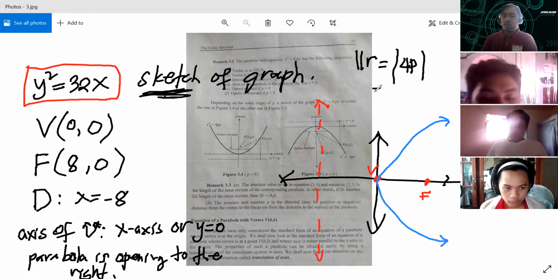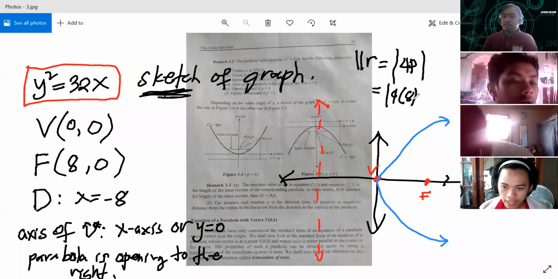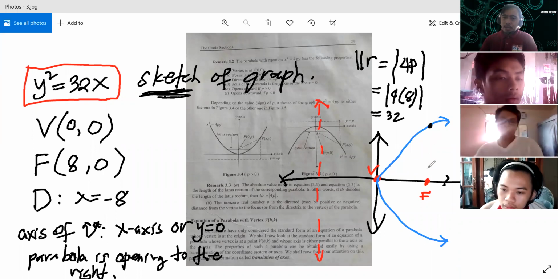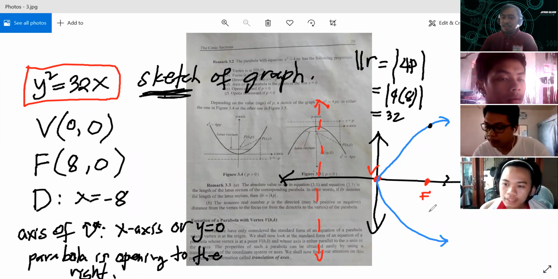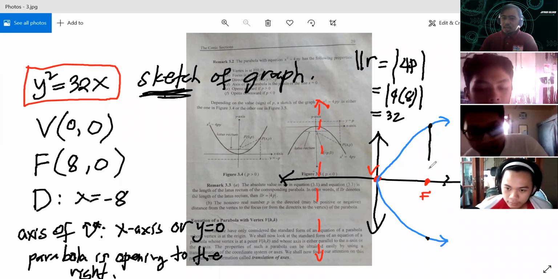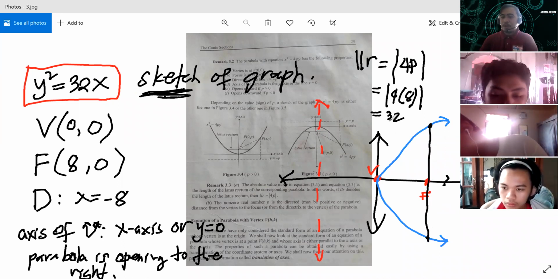Remember your p is 8, so that is just 32. If that is 32, the distance of each point from the axis is 16, so the length of the latus rectum must be 32 units apart.